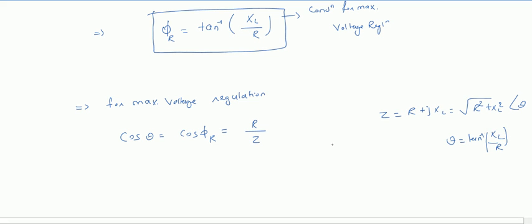So if the receiving power factor angle and the impedance angle of the transmission line become equal, then the maximum voltage regulation condition occurs, which we do not want.